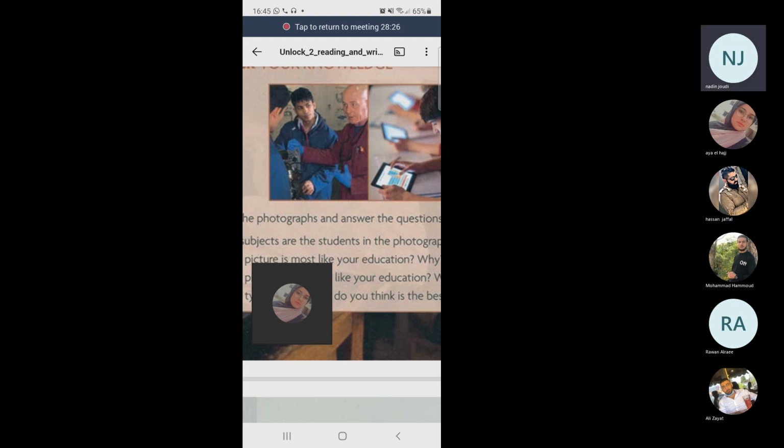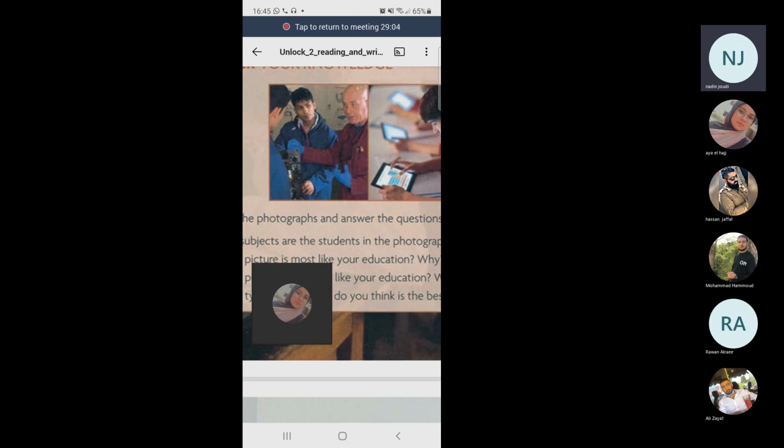So how are they learning? If I compare the picture on the right side to the picture on the left side, in the first place, they are learning by analyzing, through reading, analyzing information. Whereas on the left side, they are learning by doing. They are learning by experimenting, by trying, by practice, by drilling.